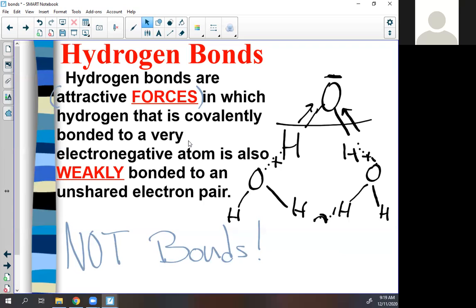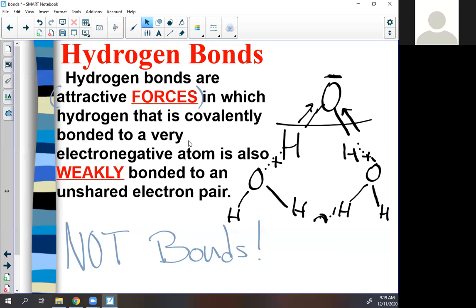It takes some effort, but it would take a gigantic amount of effort for my fingers to pull the bonds apart in the actual magnet. Okay, so a hydrogen bond, it's called an intermolecular force. It's an attraction between two atoms, or sorry, molecules that have hydrogen in them and an unshared pair of electrons.